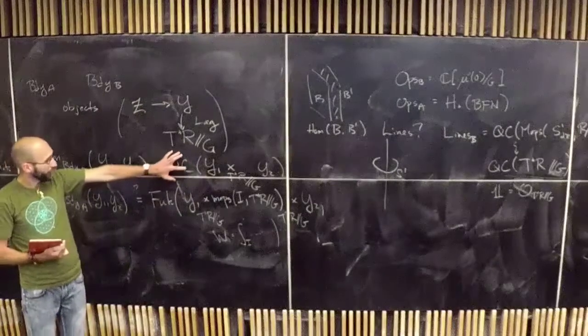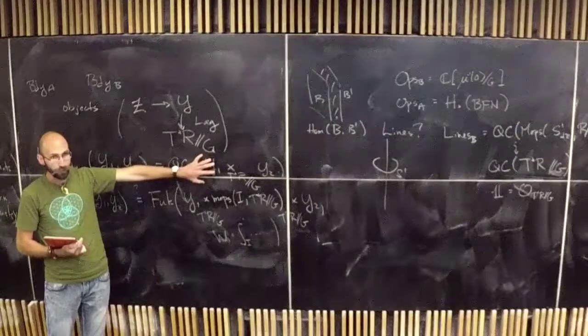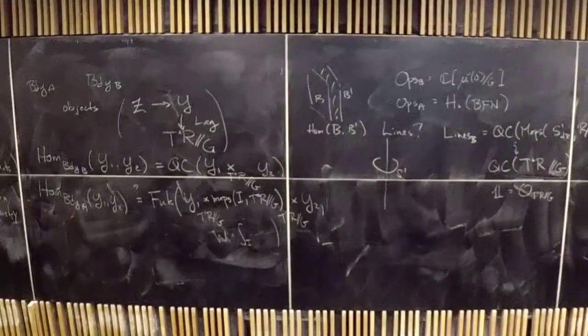Just to connect with Alexei's talk on the B side, this was some category of matrix factorizations, and we can try to find the mirror there, and we have a putative guess.